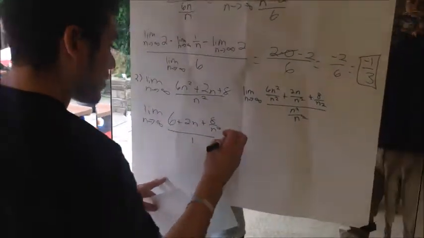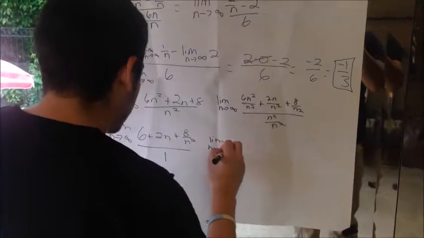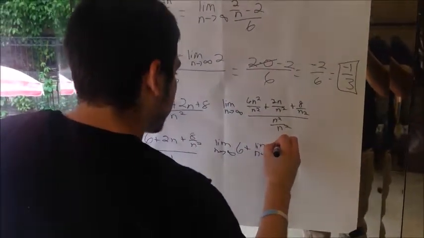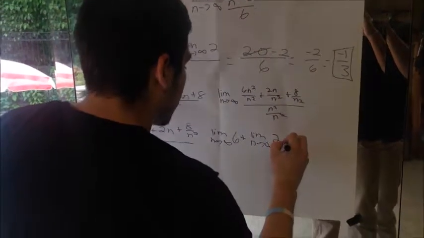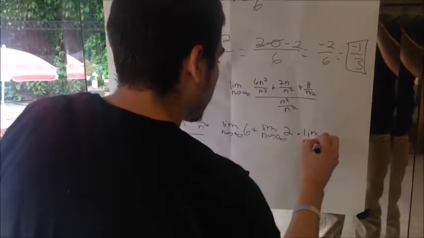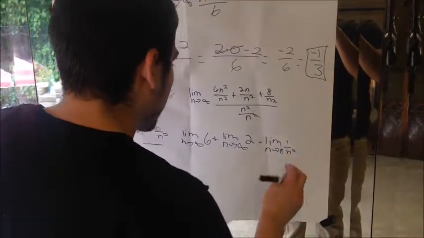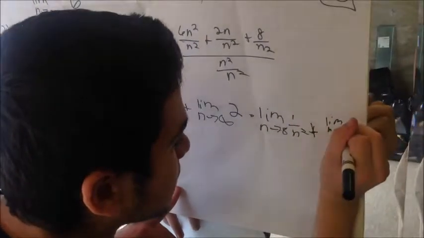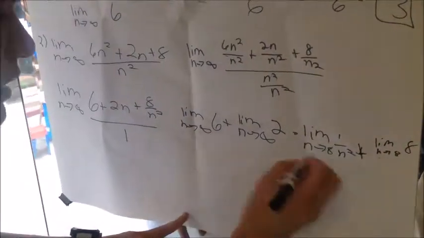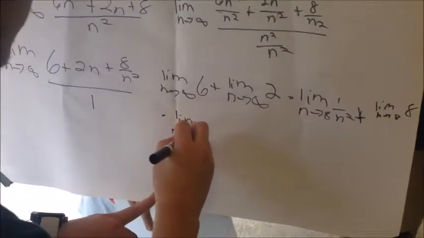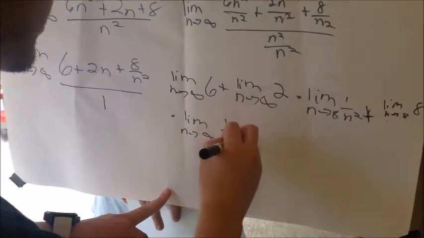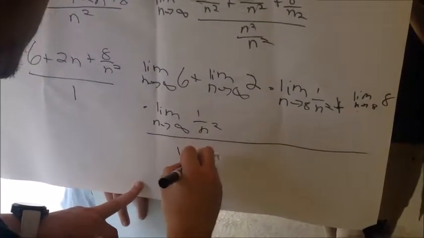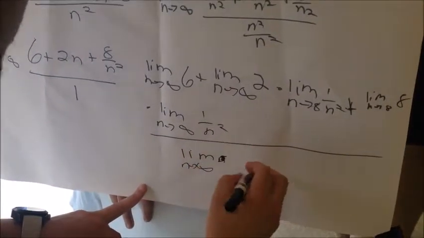Now you're going to take the limit as n approaches infinity of 6, plus the limit of 2 times the limit of 1 over n, plus the limit of 8 times the limit of 1 over n squared, over the limit of 1.